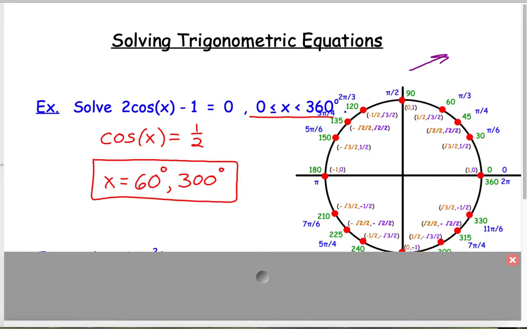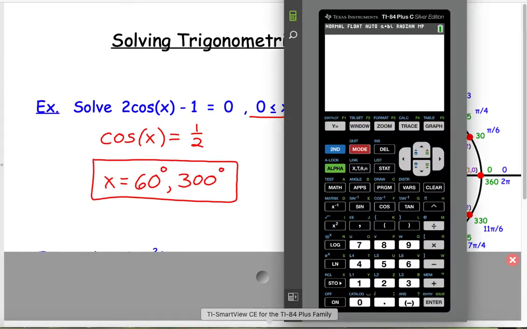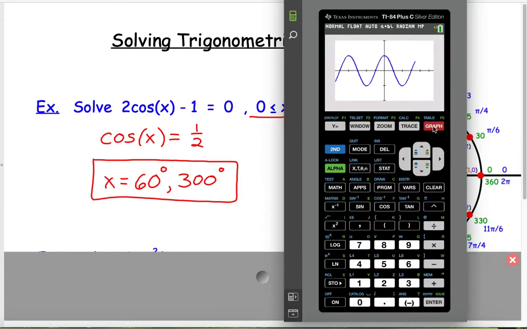Now what I want you to understand though is if they didn't give us that stipulation that x was between 0 and 360 and we graph the cosine graph, well, we know that the cosine is going to equal 1/2 at a lot of different places. If I hit trace and type in 60, whoops, I'm sorry, I'm in radian mode, so I'll type in pi over 3.